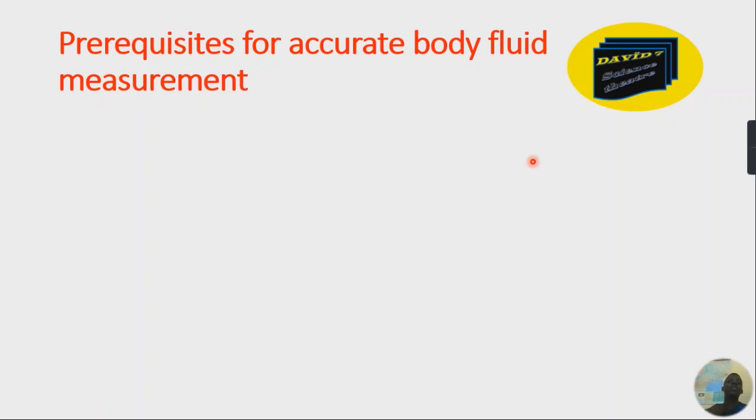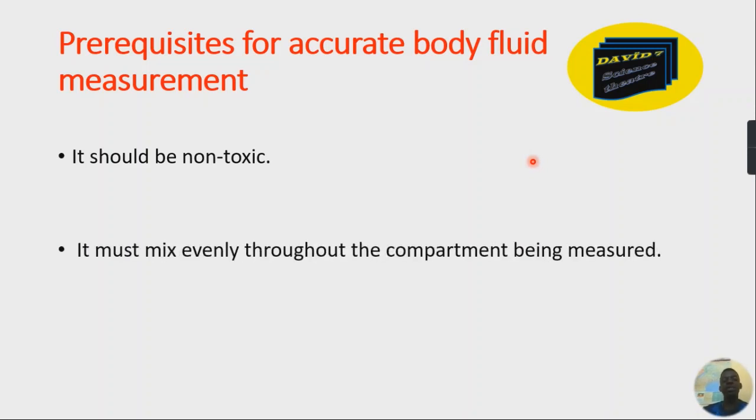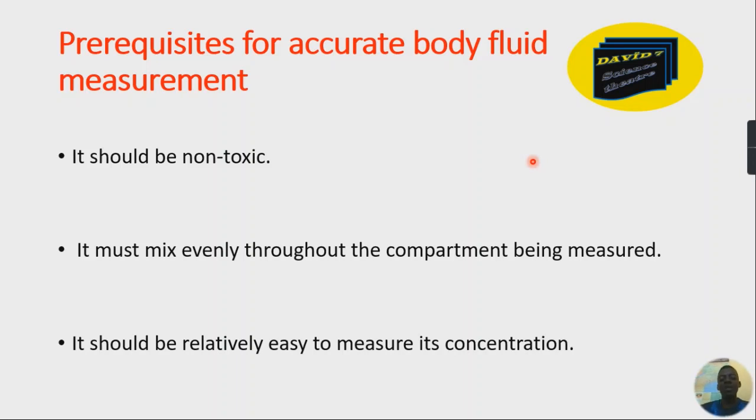So what are the prerequisites of accurate body fluid measurement? For it to be accurate, we need to make sure that these characteristics of the indicator are maintained. One, it should be non-toxic, should not damage the body cells; two, it must mix evenly throughout the compartment being measured; and three, it should be relatively easy to measure its concentration, because if it is hard, then the C is hard to obtain.